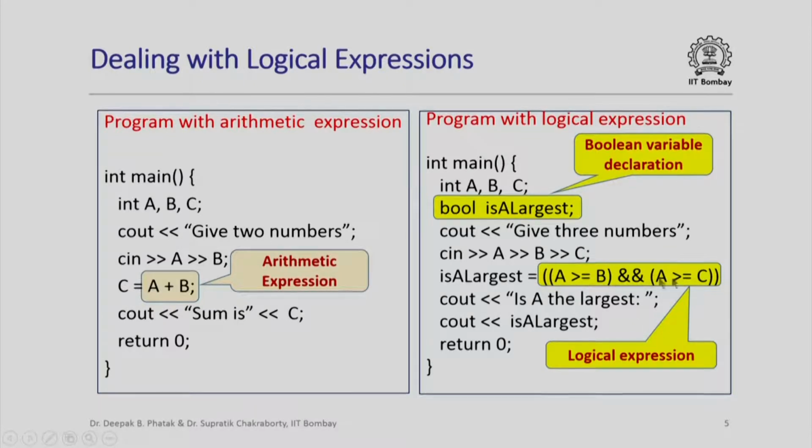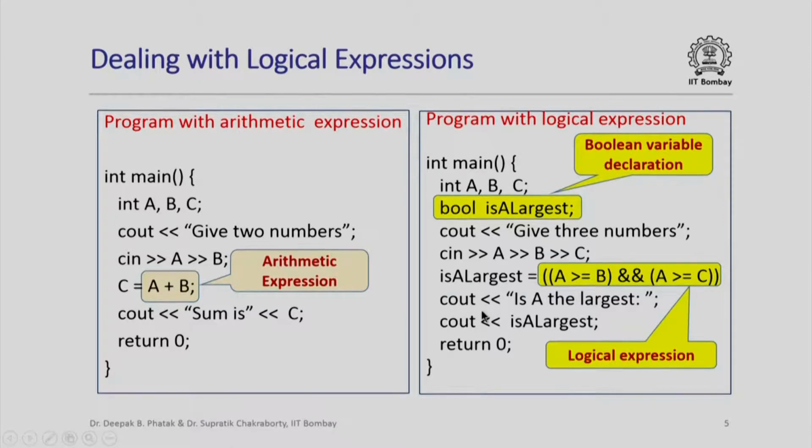So we will look at the details of this in a few minutes in this lecture, but let us for the time being identify this as the counterpart of an arithmetic expression that we had in our earlier program. This is a logical expression, it will evaluate to a boolean value true or false, and that will be assigned to this boolean variable isALargest.